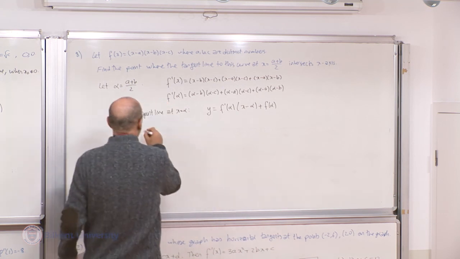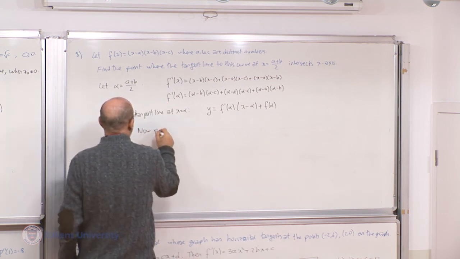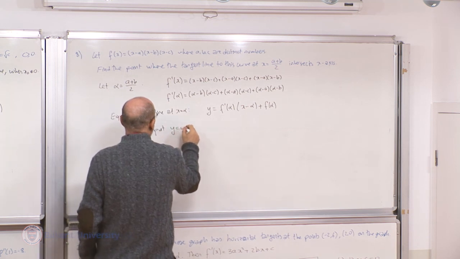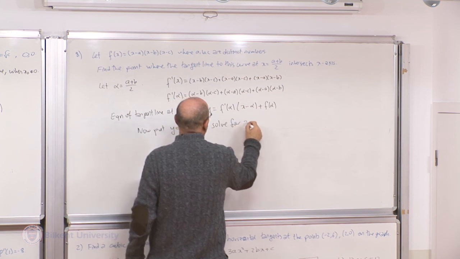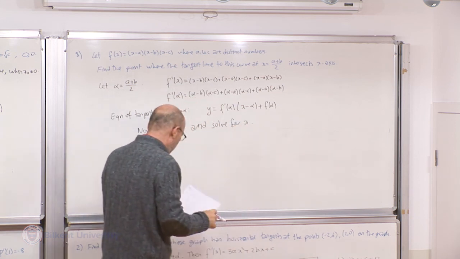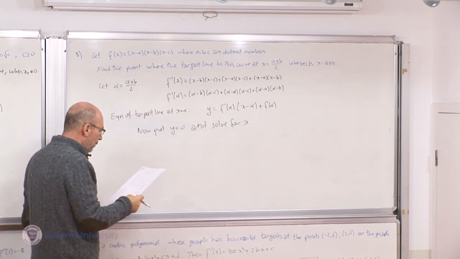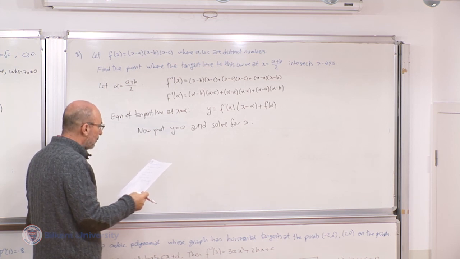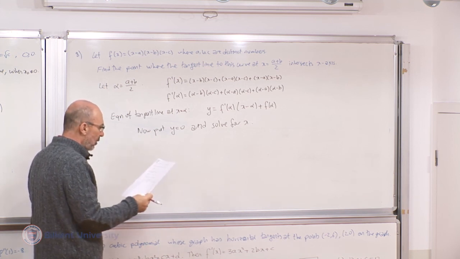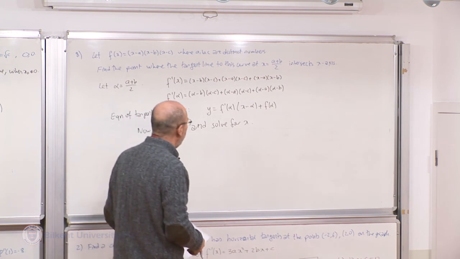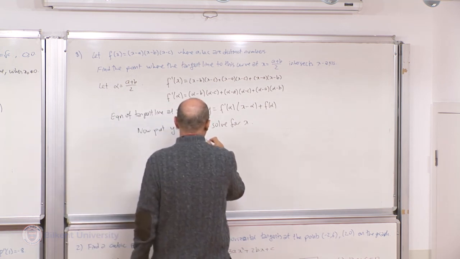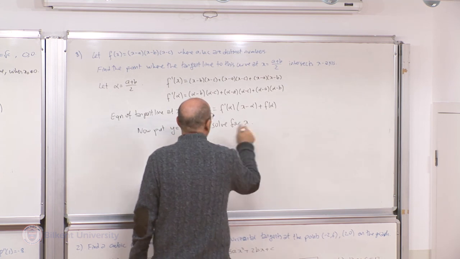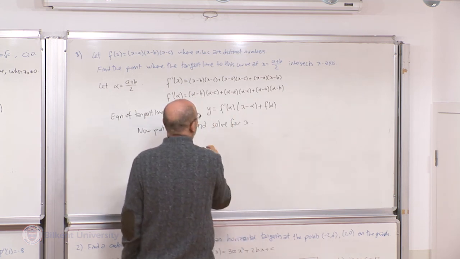Now put y equals 0 and solve for x. So let's solve for x from here. You see this is equal to 0.